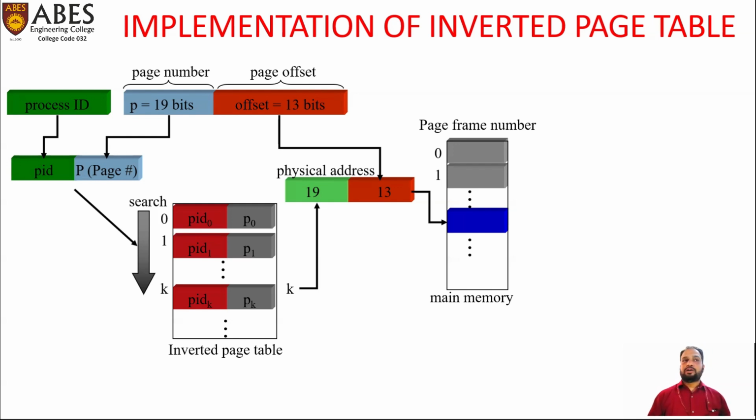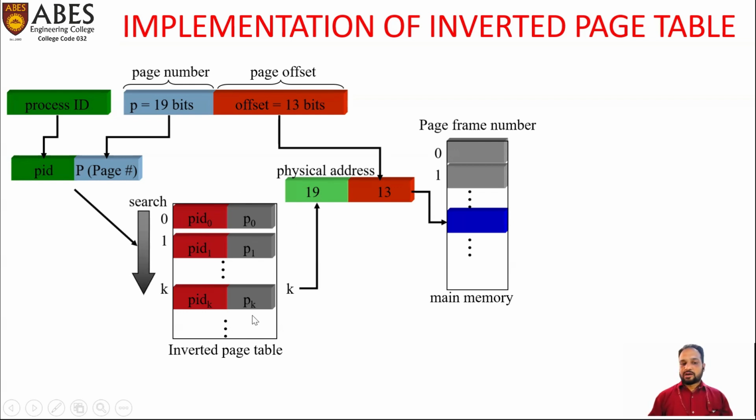So to avoid conflicts, we use the process ID along with the page number, which we calculate. On the basis of these key features, we search inside the inverted page table, which contains the process ID and the page number.